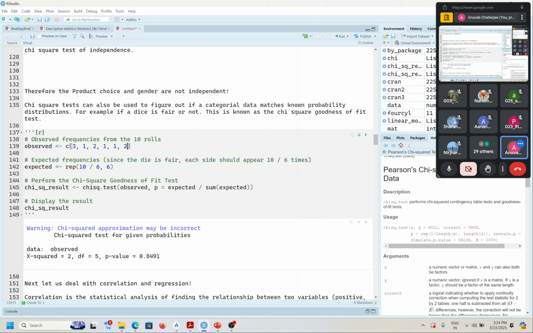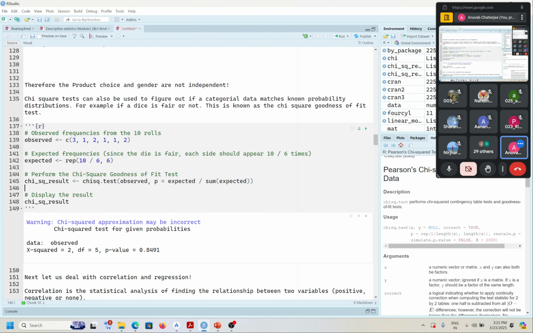In the example that I'm giving you, you first look at the observed frequencies. Observed frequencies are whatever you get, the number of times each face comes up after rolling the die 10 times. Then you run a chi-square test. This is my categorical value, I know what each of the probabilities should be, and then you try and figure out if the die is fair.